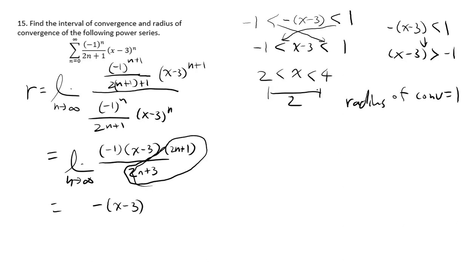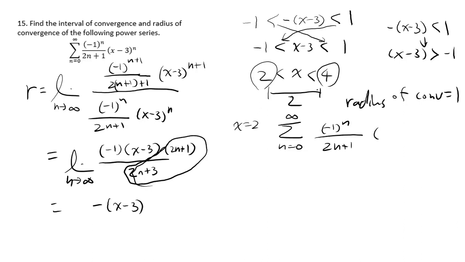For the actual interval of convergence, we have to check the 2 endpoints. When you have x equals 2, then we have the sum from n equals 0 to infinity of negative 1 to the nth power, 2n plus 1, and 2 minus 3 is negative 1.